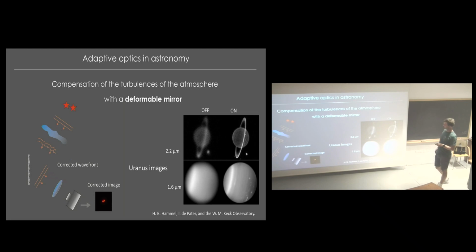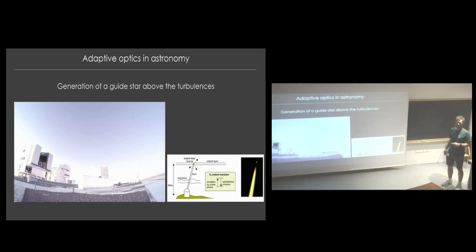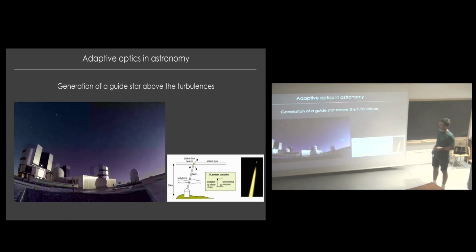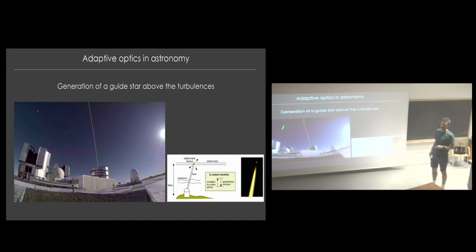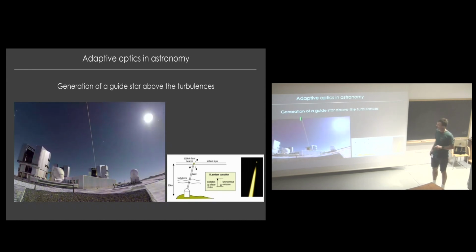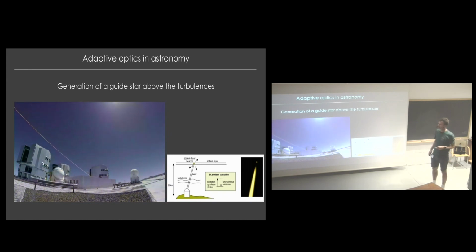And this is an example of what you have without. These are images of Uranus at 2 different wavelengths, and you see that it's quite blurred due to these turbulences. And if you apply a correction, then you retrieve a really nicely contrasted image. But you need some information on the turbulences. And actually, I'm quite jealous of this, but in astronomy, they are using these huge lasers to do some fluorescence, actually, after the atmosphere.